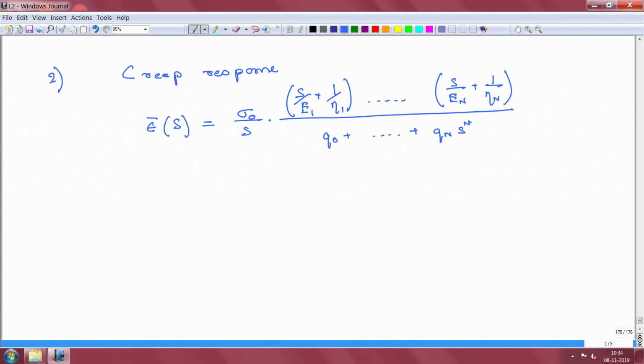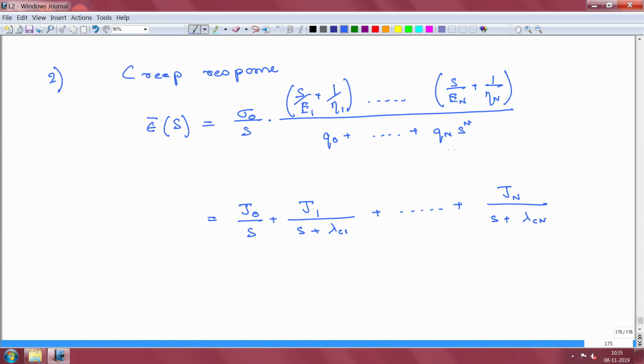This entire thing again can be factored just like we had done for the previous case. This is again a rational fraction, and it can be written as J naught by s plus J 1 by s plus some lambda, which I am going to call creep 1, and the same way till J n by s plus lambda.